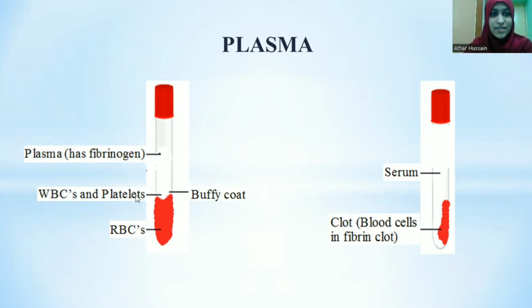WBC and platelets can be seen and red blood cells can also be seen. Buffy coat is present. In serum, this is coagulated blood. That is after coagulation. In the blood clot, we can see fibrin. Here, the inactivated fibrinogen in the plasma has been converted into activated fibrin after the clot has formed. Hope this is clear.